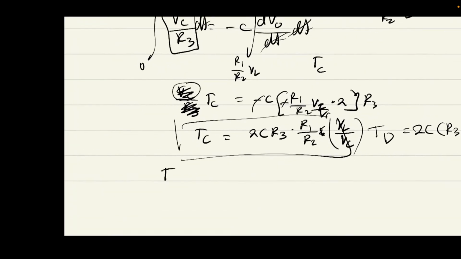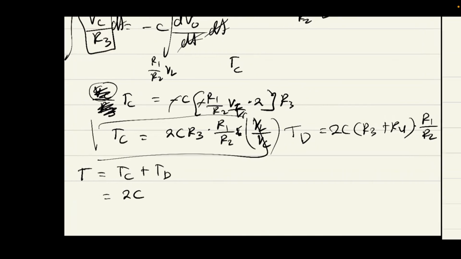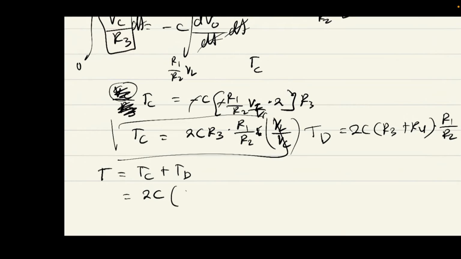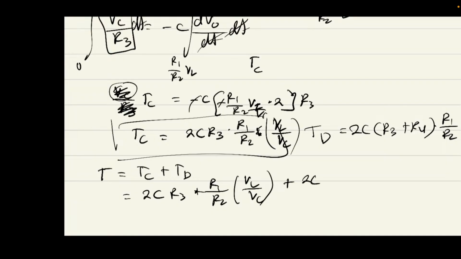Okay, so what's the total time? It's TC plus TD, which is going to be 2C R3 times R1 on R2 times VL on VC plus 2C times R3 plus R4 times R1 on R2.